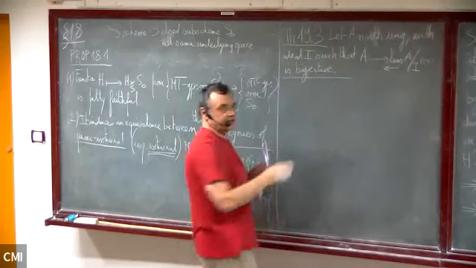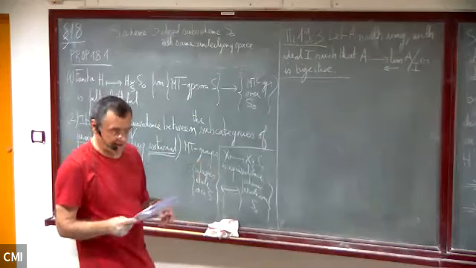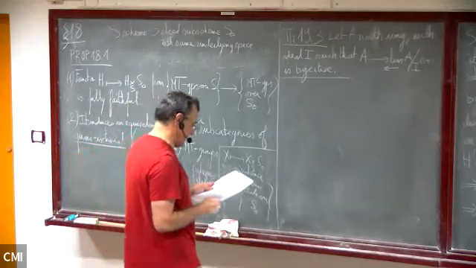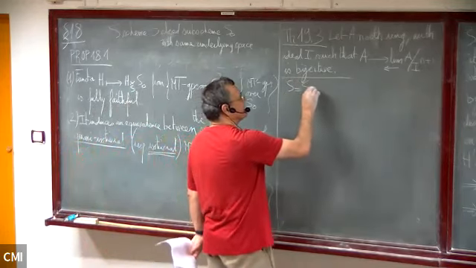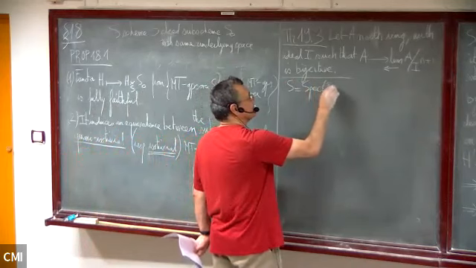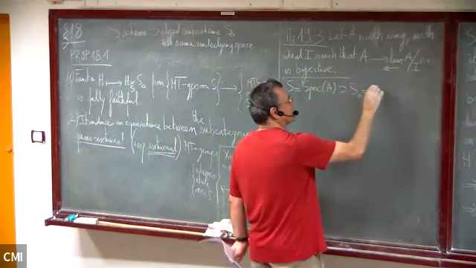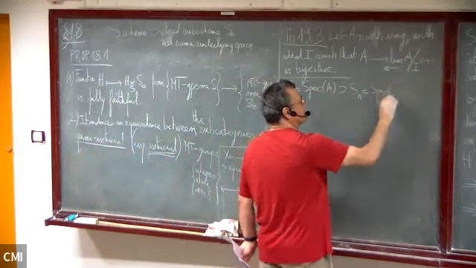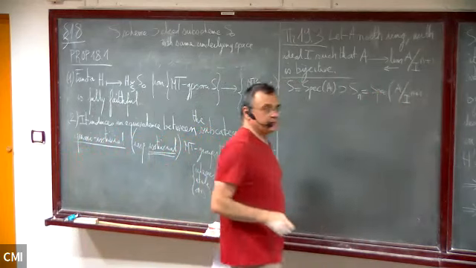Okay, so this is the case if we have a complete Noetherian local ring. And let S be the spectrum of A. And so this contains S_n, which is the spectrum of A over I^(n+1).